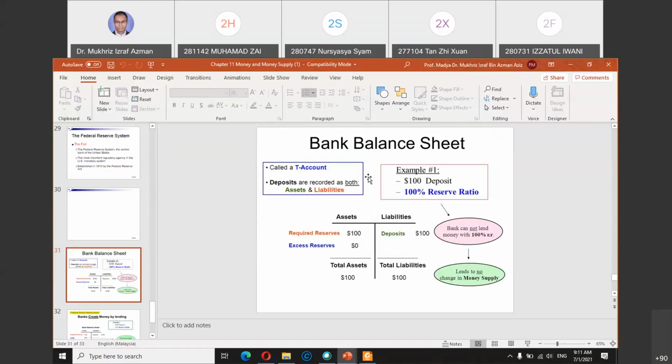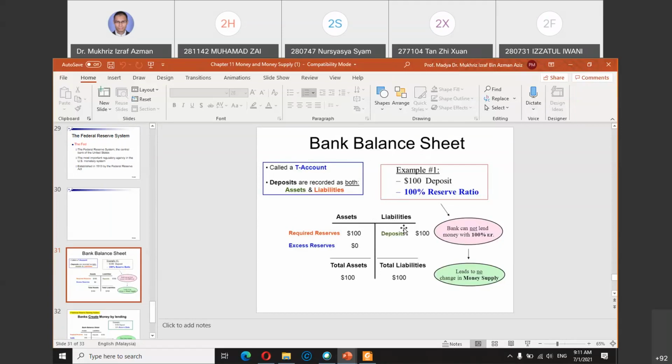So this is a simple depiction of a bank balance sheet. As you know, a balance sheet is like an account that shows your assets and liabilities. When you put your money in the bank, from the bank's perspective, your money becomes a liability of the bank, because that is not their money. It's like you are lending money to the bank.